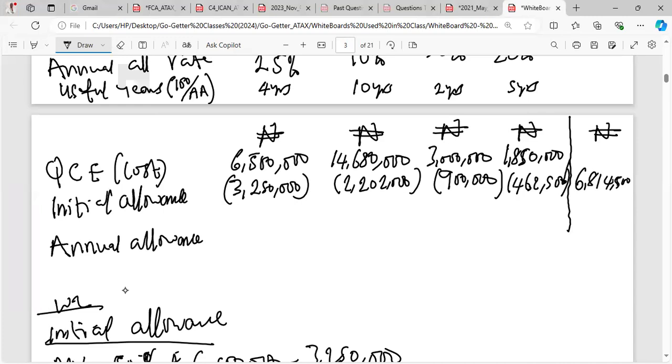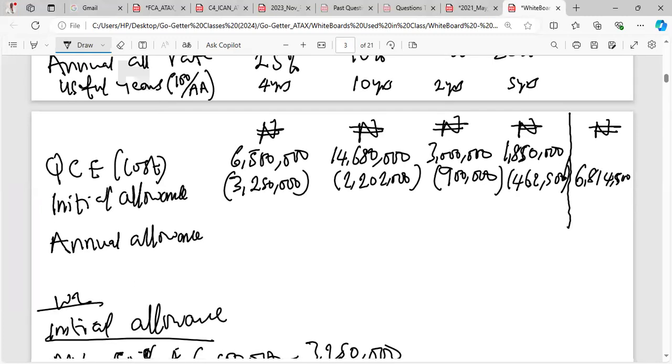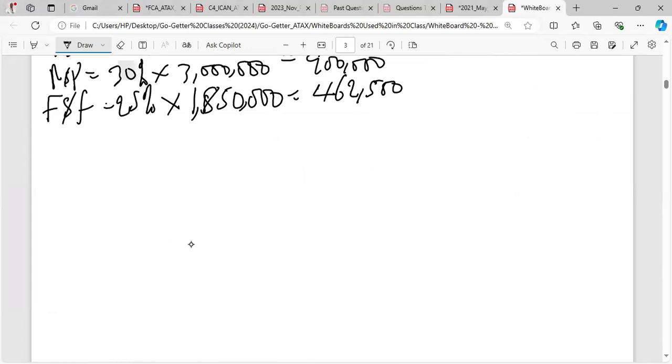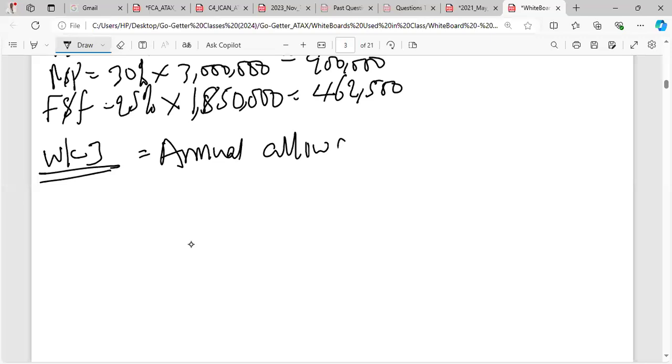Now that's my initial allowance. Then I'll go to the annual allowance here. This should be workings 3, annual allowance.